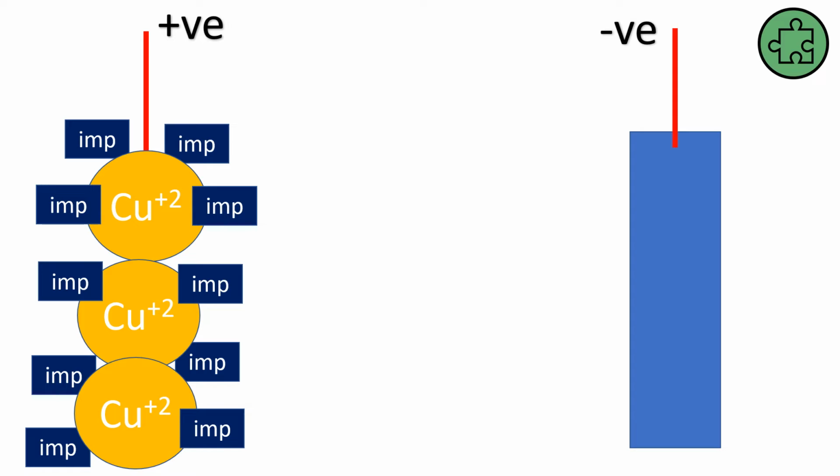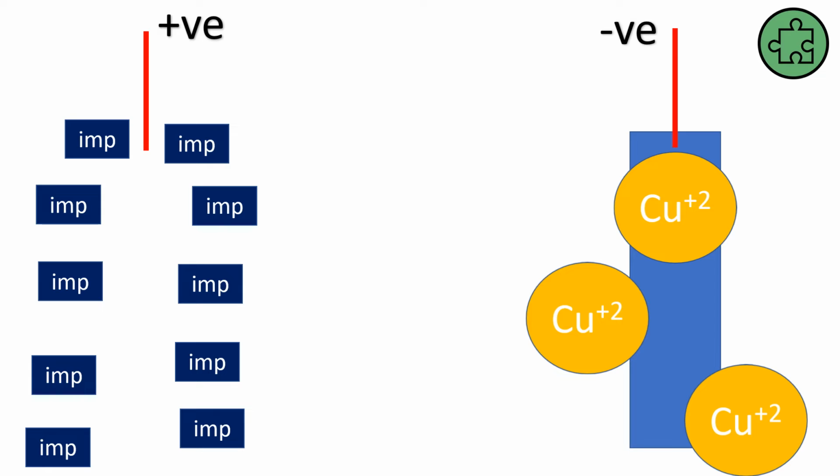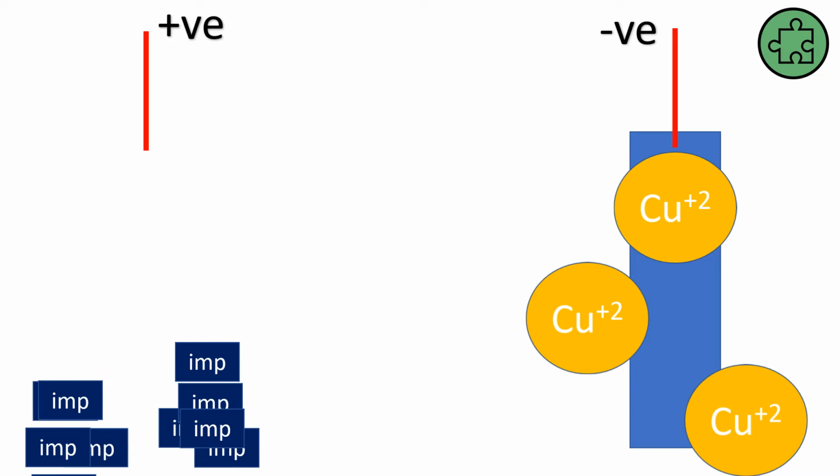So if I turn on the electricity, what's going to happen? Well, hopefully you will remember that opposites attract. So the copper ions are attracted to the cathode. The impurities are not, because they're not charged. And so the impurities just drop out down to the bottom of the liquid, and you can separate them at a later date. So you can see why that would happen.